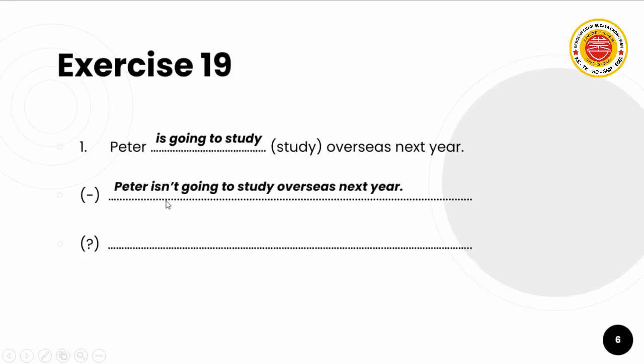Peter is not going to study overseas next year. Jadi untuk kalimat negatif, jangan lupa tambahkan not. Jadi is ditambah not, disingkat menjadi isn't. Questions. Is Peter going to study overseas next year? Question mark.